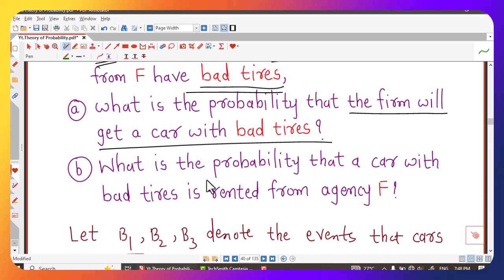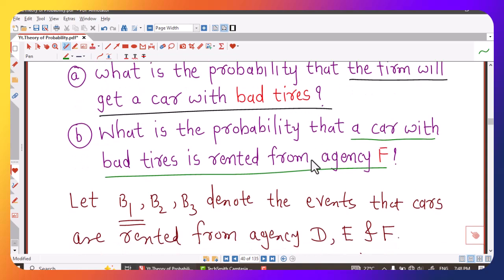In the second part we have to find the probability that a car with bad tires is rented from agency F. So here the first event that occurred is that a randomly selected car is selected and they find that it has bad tires, and we have to find the probability that it was rented from agency F, denoted by event B3.